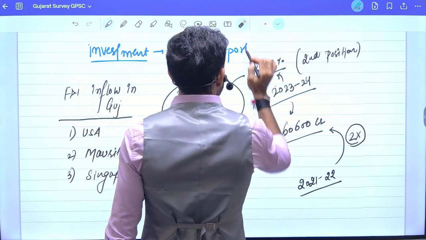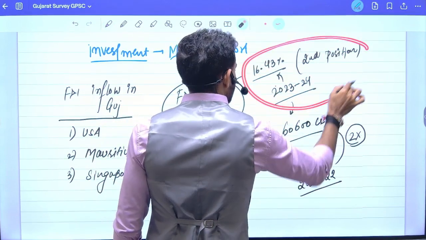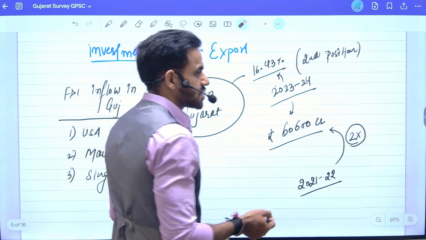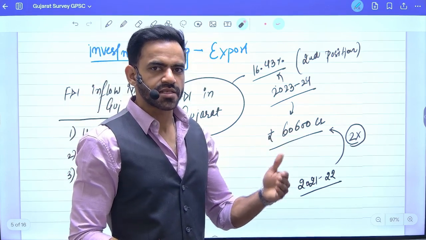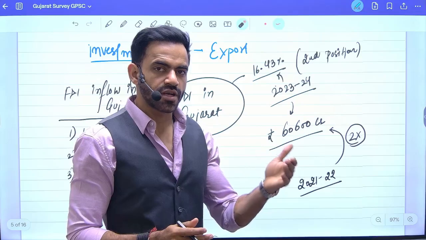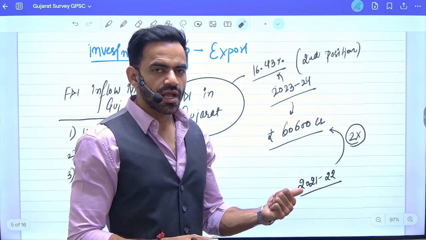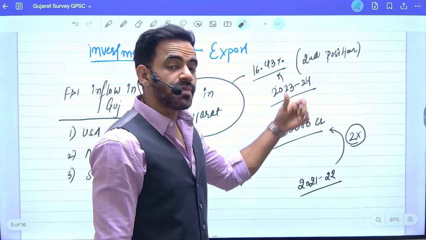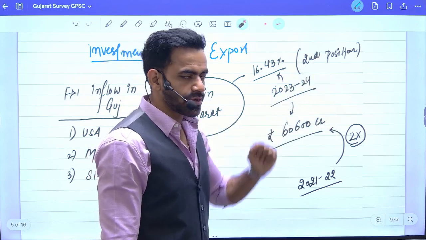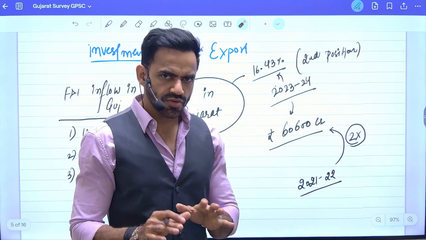So Gujarat received roughly 16.43% of India's FDI. In a very simple sense, if India as a country received 100 rupees as FDI, Gujarat received roughly 16.43, and in terms of recipient of FDI, it is in second position. I think Maharashtra is in first position.